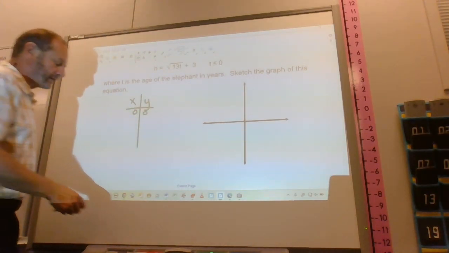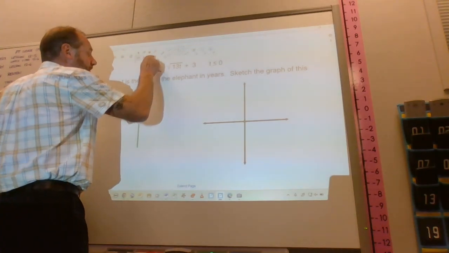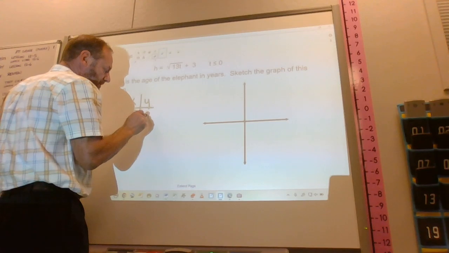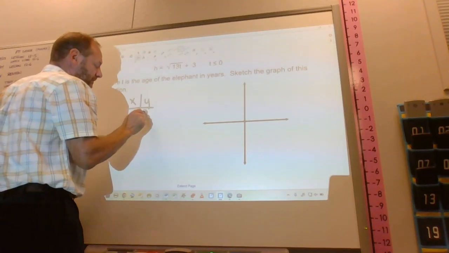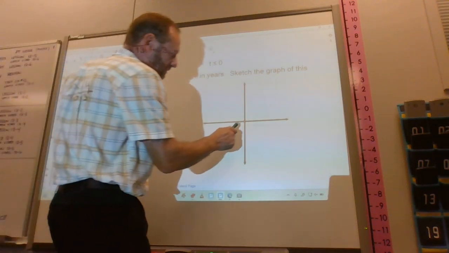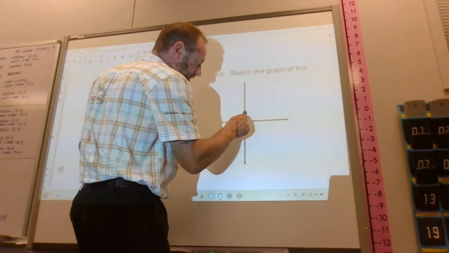Oh no, it'd be 3, I guess, wouldn't it? Now that doesn't make any sense. Because I guess if it's born, it's basically age 0. So it'd be 3 feet. So I'd go ahead and 1, 2, 3 would be right here.